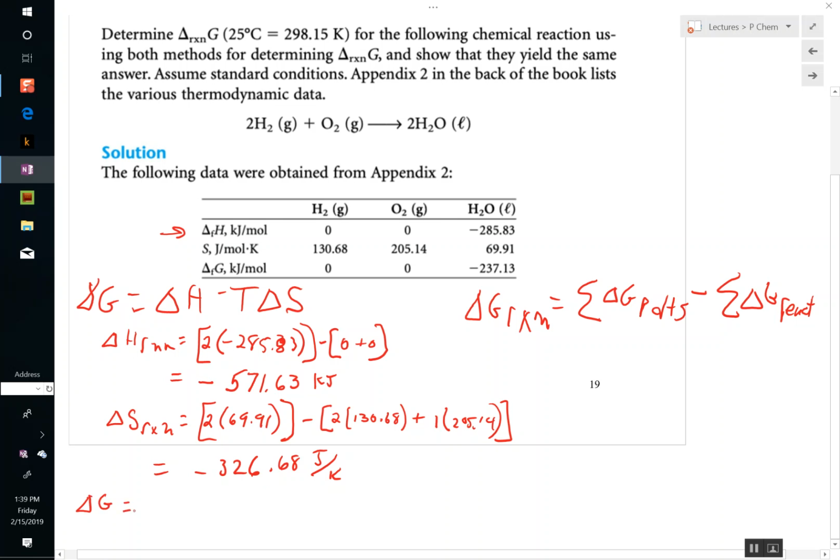So delta G equals the delta H of reaction minus T, which is 298.15, times negative 326.68.